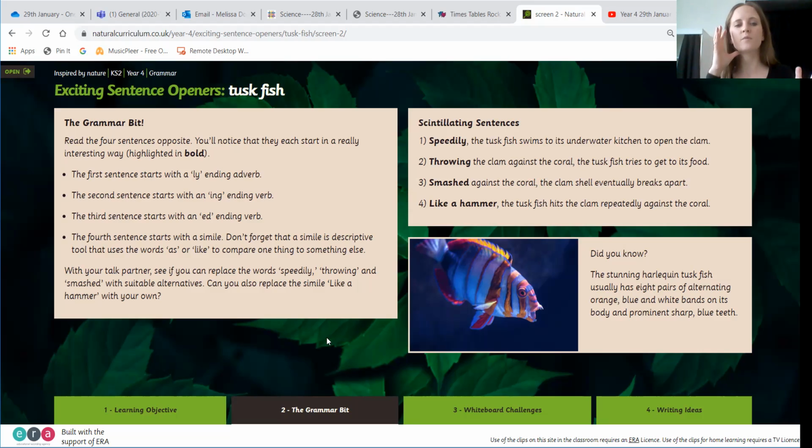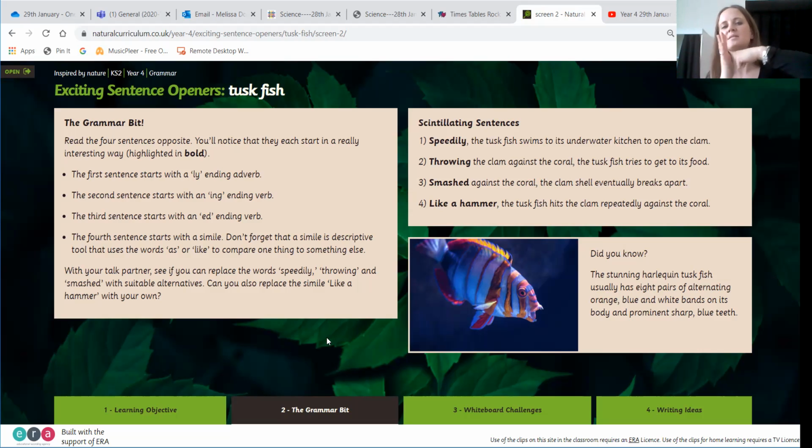Your descriptive tool of comparing, the comparison needs to be something that you can almost picture in your mind. So it can't just be a random, like a butterfly in the ocean or a butterfly beating its wings. So think carefully about what it looks like for it to be hitting the clam against the coral.